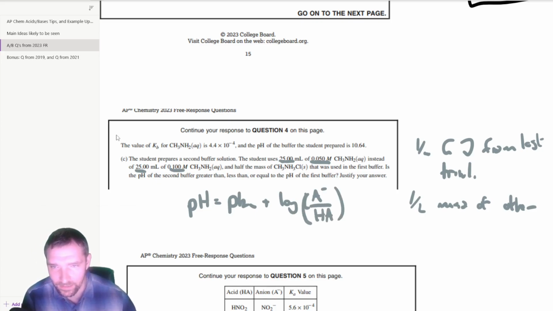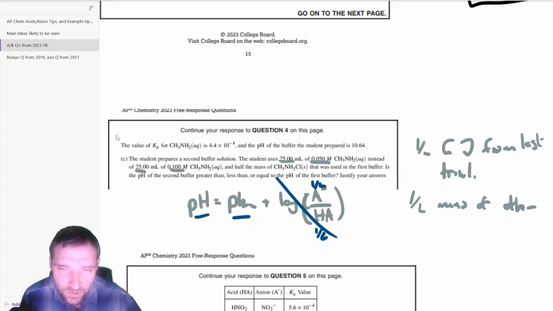Because you have cut both of these numbers in half, it's kind of like having a 1/2 over a 1/2. So the ratio still cancels out, and you still have the pKa equal to the pH. So these should be equal. The ratio between these two things is still equal.